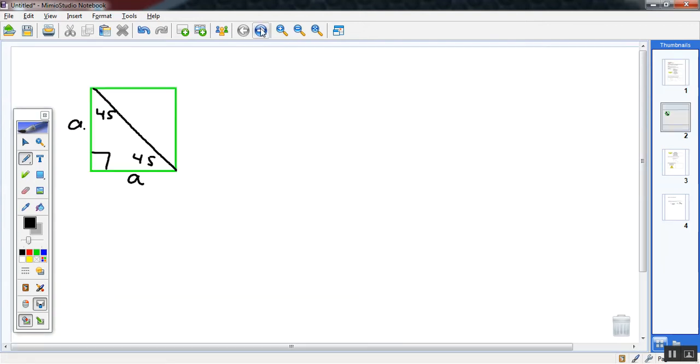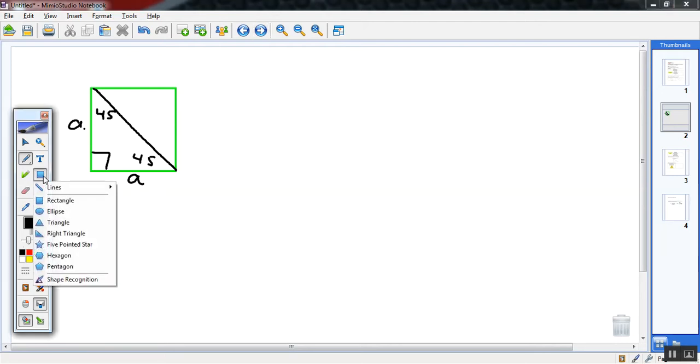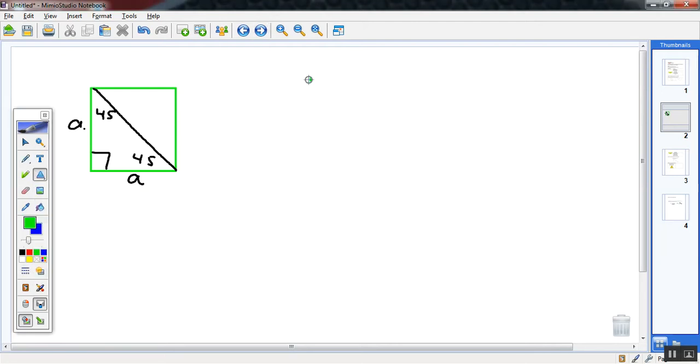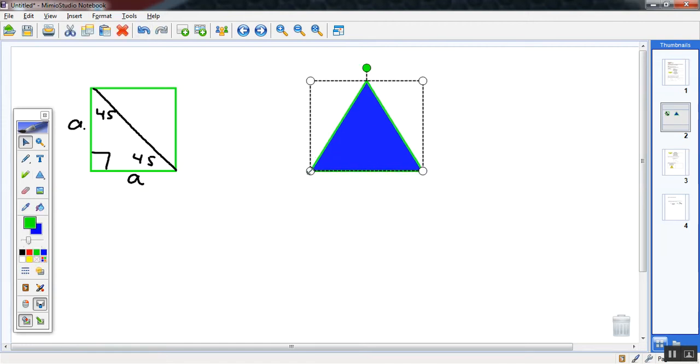If I go back to this page right here, you understand that the 45, 45, 90 is half of a what? Let me do this for you. Kids, what type of triangle does it appear I have there? Equilateral. So we're assuming that all sides are what here? Equal.